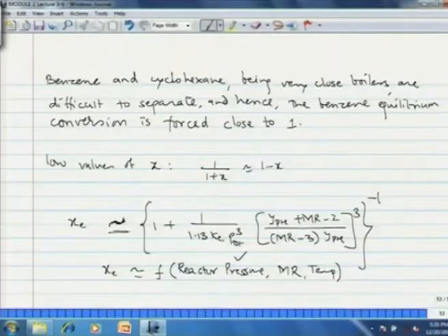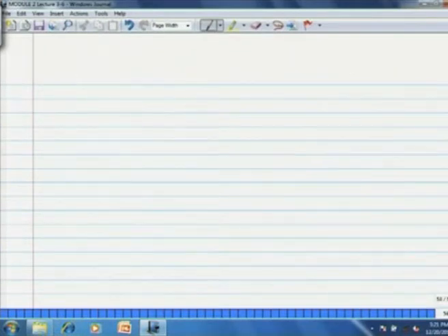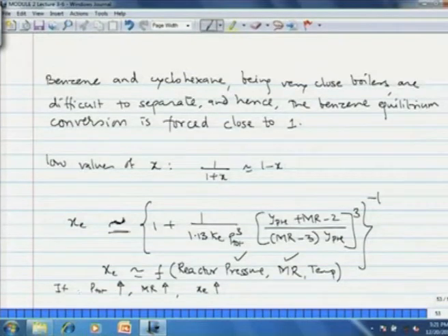So, we will mainly focus on the first two design variables, that is reactor pressure and molar ratio. Obviously, if reactor pressure increases or molar ratio increases, Xe increases, and that is what is indicated by this expression, the expression that we have derived. As P tot increases, as molar ratio increases, Xe increases.